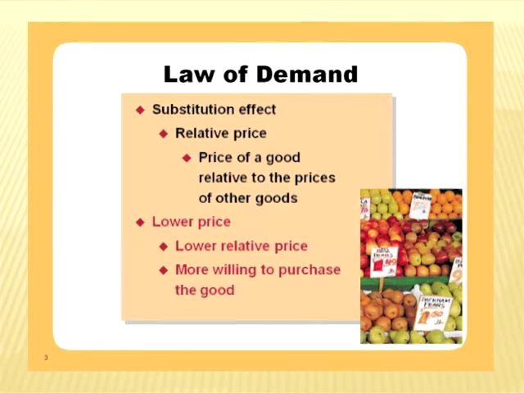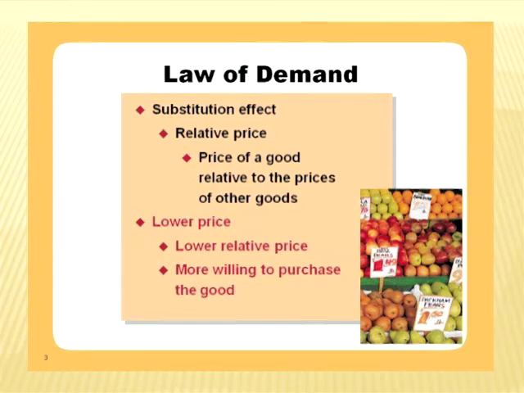As the price of a good rises, it is a much less valuable good, or it's not as good a buy relative to other goods. So you see here a picture of pears and apples. As apples rise in price, they're relative to pears not as good a buy. And so you'll substitute pears for apples.